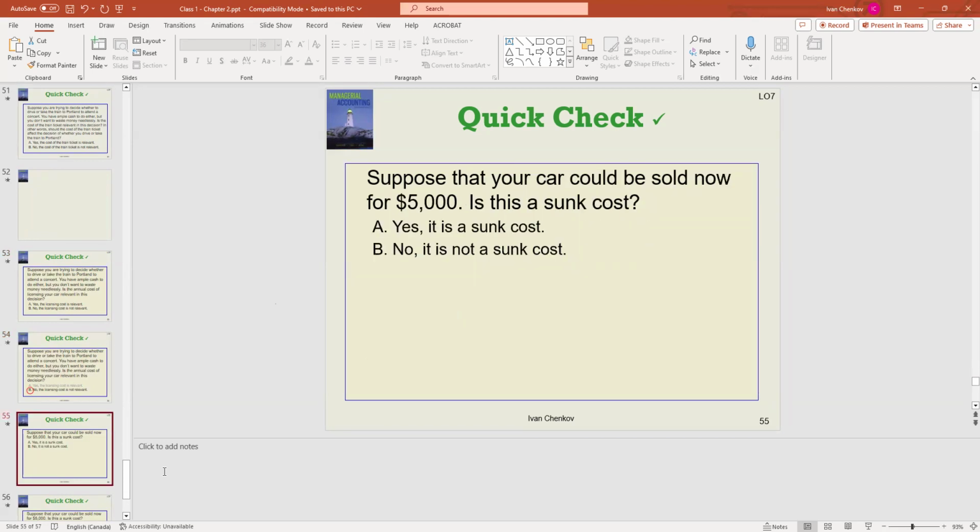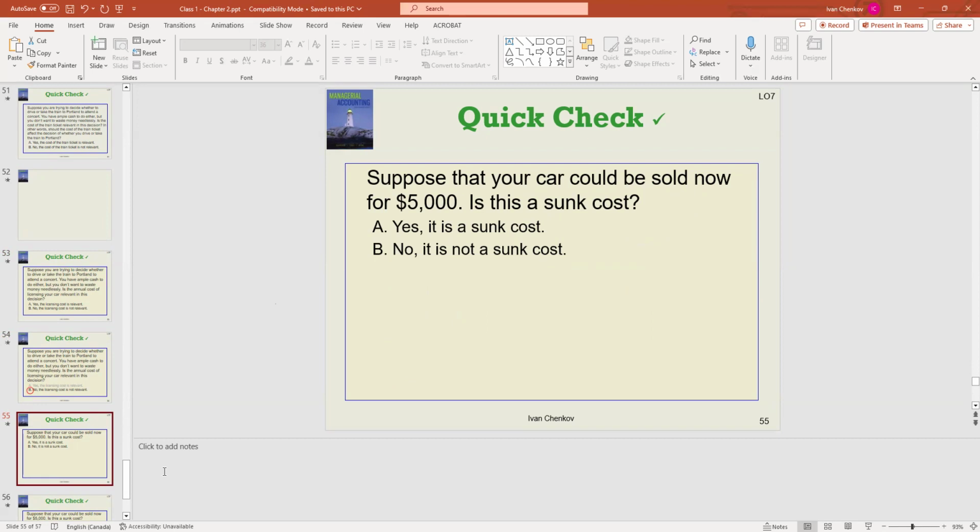The last question here is, let's pretend that your car can be sold for $5,000 right now. Is this a sunk cost? No. Is it cost at all? What does sunk cost mean?